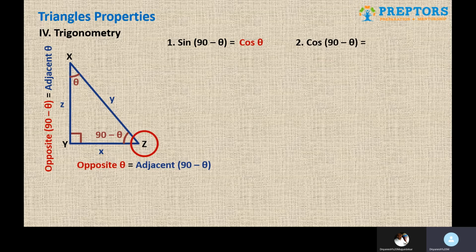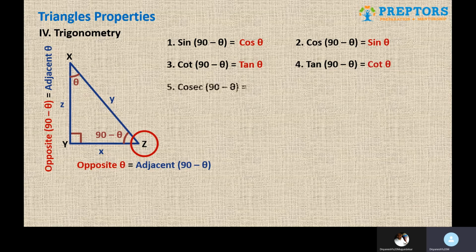Cos will change to sine. First quadrant everything positive, so it becomes sine theta. Accordingly, cot 90 minus theta will be tan theta, tan 90 minus theta will be cot theta. Then cosec 90 minus theta will be sec theta, sec 90 minus theta will be cosec theta. All are positive, all are in the first quadrant, and we should change.